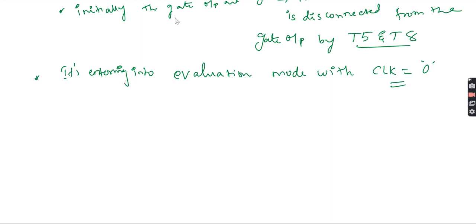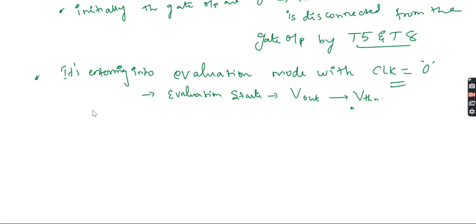The evaluation will start only when the output crosses VTHN. Only then will the gate propagation delay degrade. This is about the second circuit.